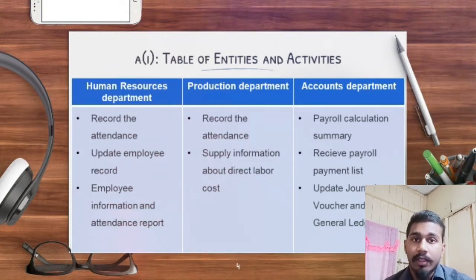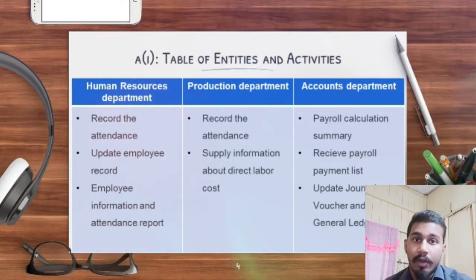Next, the accounts department gets the human resource report and also the production department's report to create a payroll calculation summary. The payroll calculation summary is sent to the payment clerk so that they can create a payroll payment list.